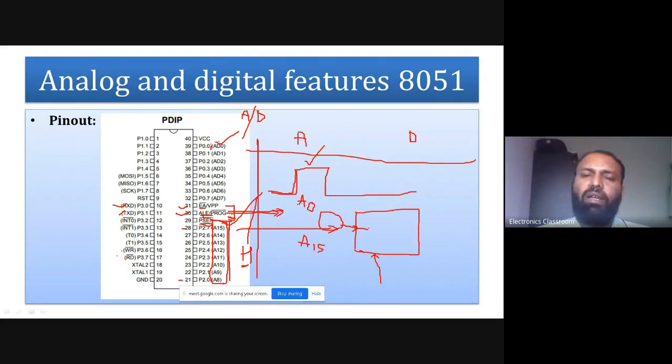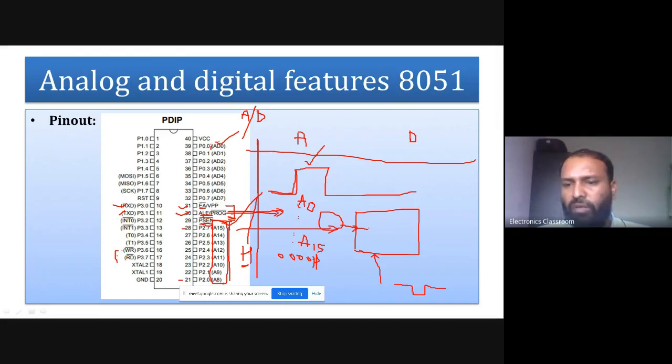For example, I have given address 0000, 16 zeros, which is nothing but 0000H in hexadecimal. This address is provided from A0 to A15, and suppose the WR pin has been given a logic low signal, because if you notice, it is write bar.